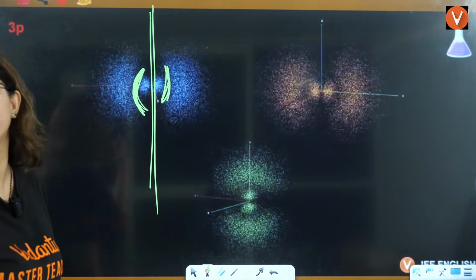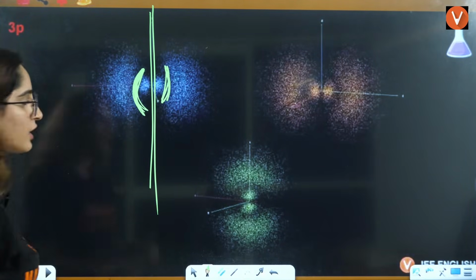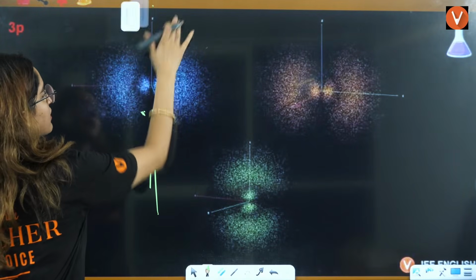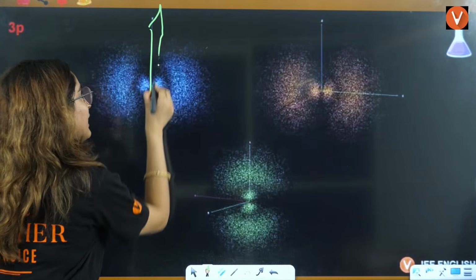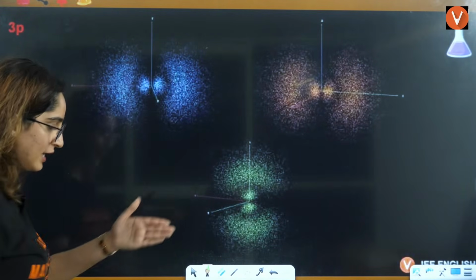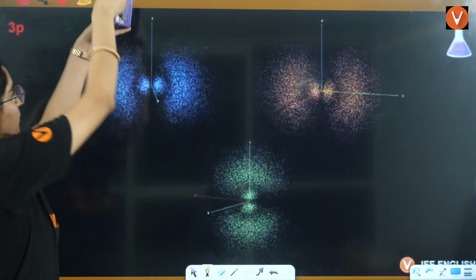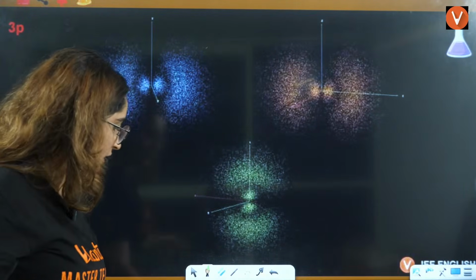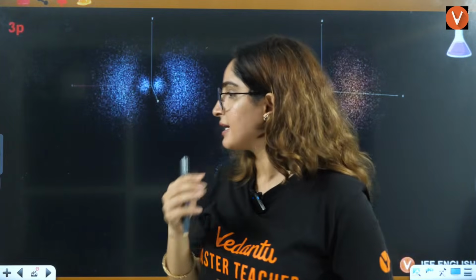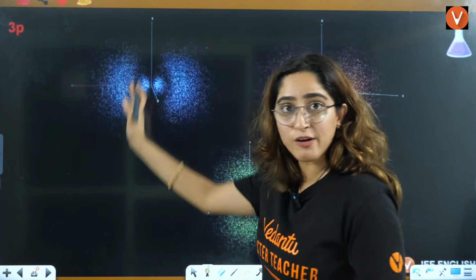Can you see a beautiful thing, guys? From here, it is altogether a plane. Plane means if I pass a plane from this side, then that plane will not have any electrons. That is the angular node.